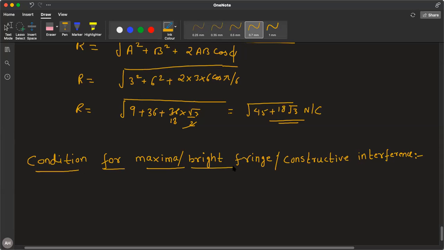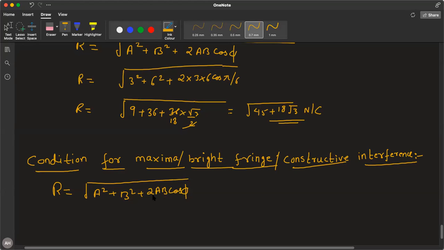For maxima, bright fringe, or constructive interference. If I use this equation, R is root over A square plus B square plus twice AB cos phi.